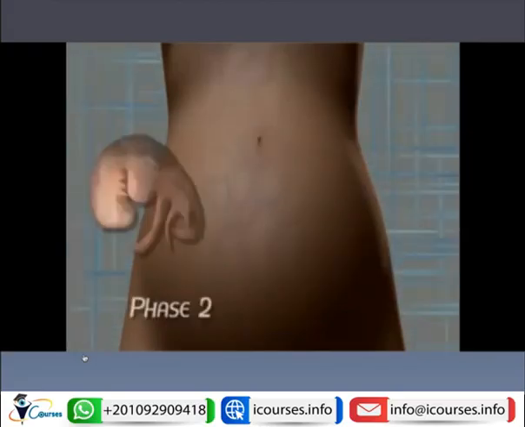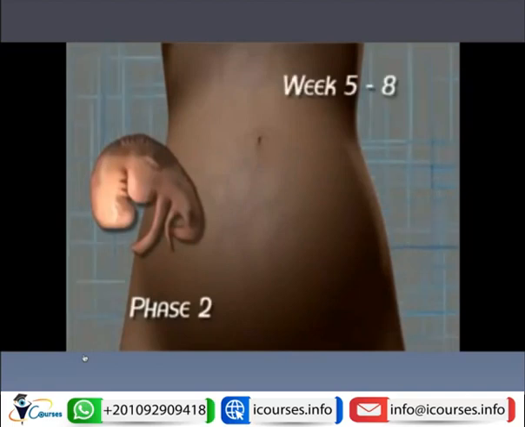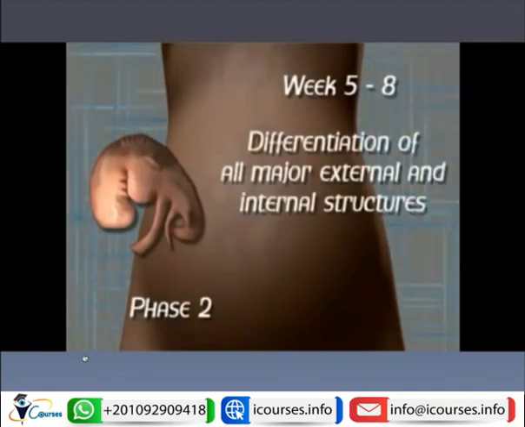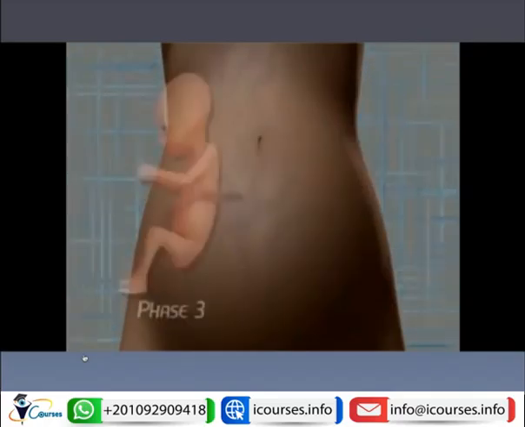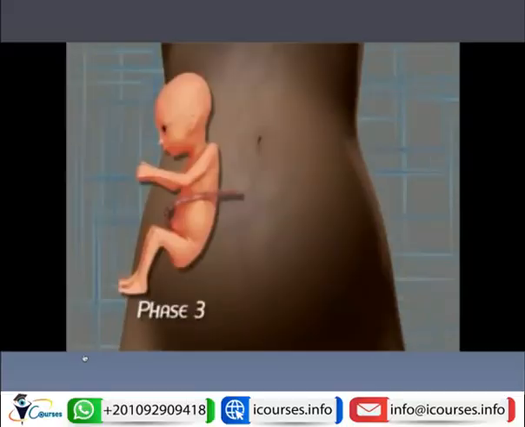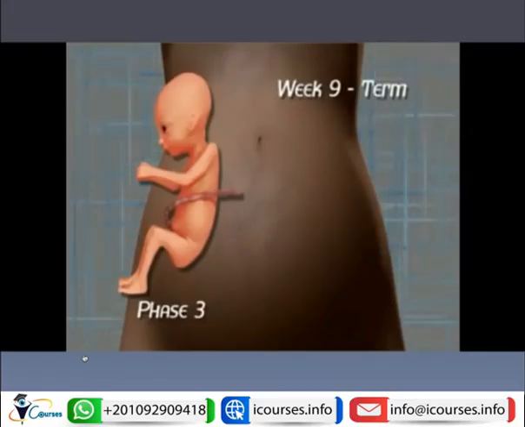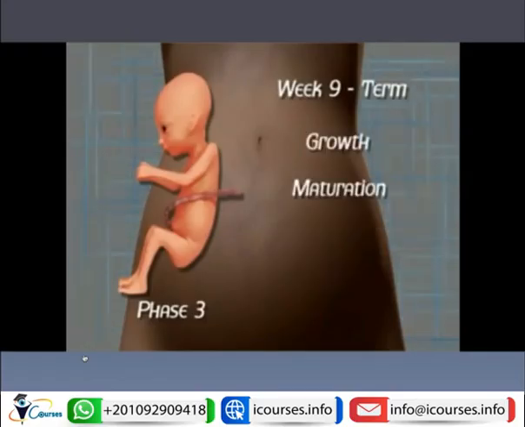The second phase spans the next 4 weeks. It is characterized by the differentiation of all major external and internal structures. This process is termed morphogenesis. The third phase extends from the end of the second phase to term. Further development is largely a matter of growth and maturation. The embryo is now called a fetus.